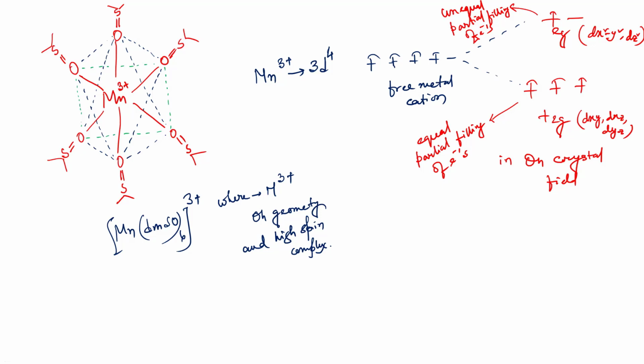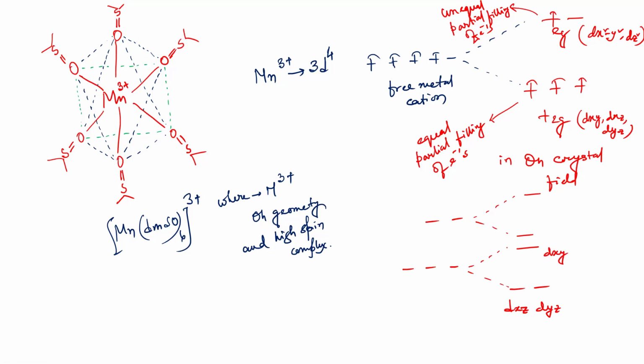Because of this unequal and partial filling of electrons in the eg set, these two different sets of d orbitals in the octahedral crystal field will be further split. The lowest orbitals are dxz and dyz, then dxy.